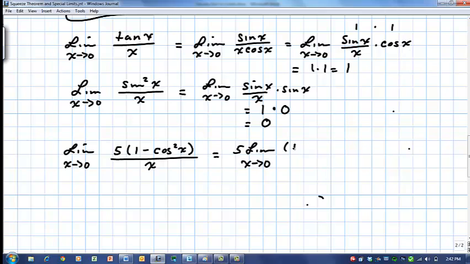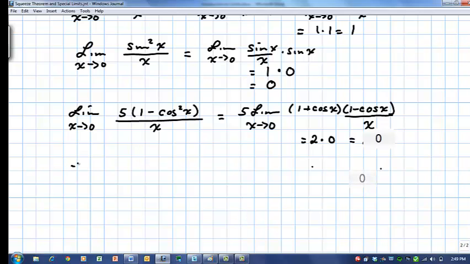And we can factor 1 minus cosine squared x into 1 plus cosine x times 1 minus cosine x, and put the x in the denominator with the second factor. Now as x approaches 0, 1 plus cosine x approaches 2, and 1 minus cosine x over x approaches 0, so this limit is equal to 0.